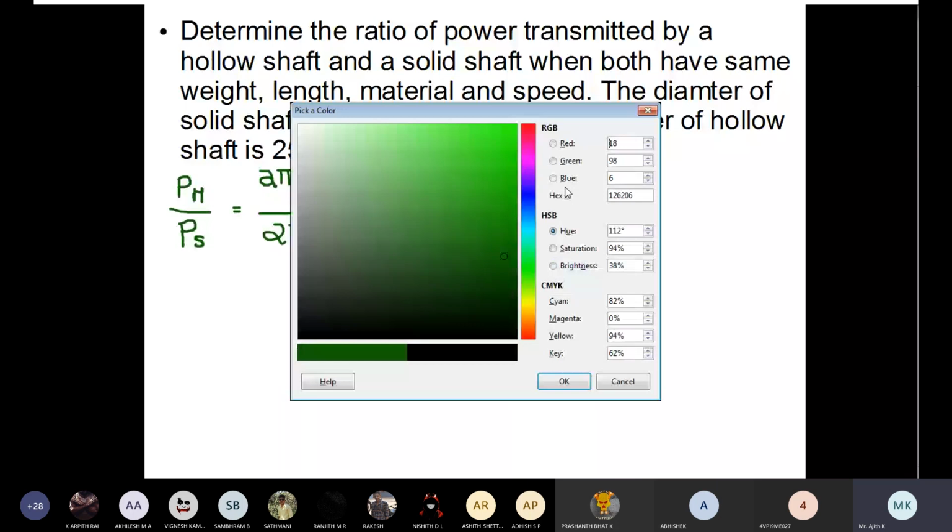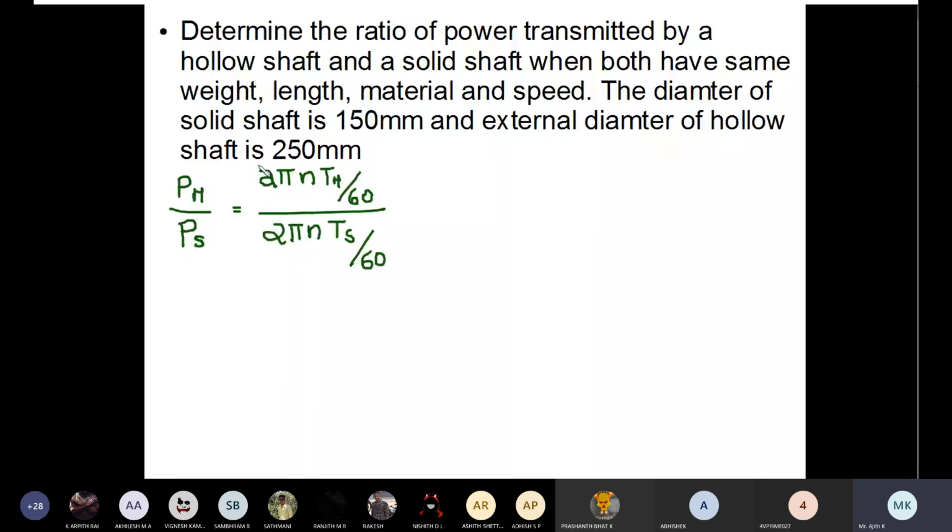So 2 pi and 60 are common, you can cancel. According to the given question, both shafts have the same speed, so N for the hollow shaft and N for the solid shaft will be the same. You can cancel out, so you'll be left with TH divided by TS.